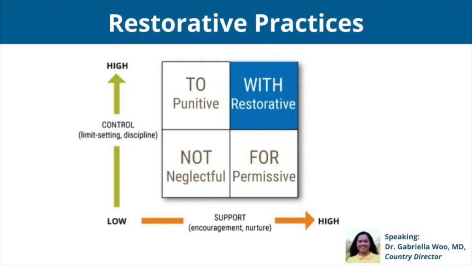If you can see in this square, we have four basic approaches to try to maintain social norms or behavioral limits. Sometimes in life, we go between these four approaches, but maybe I will try to explain. You can see the arrows. If you are implementing a punitive approach, you have high control.